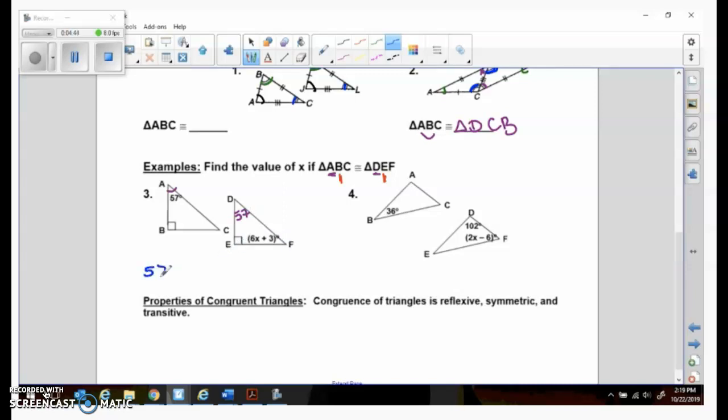Since we know that all the angles in a triangle should add up to 180, we'll do 57 plus 90 plus 6x plus 3 equals 180. Then we will solve this. I think you guys should be able to solve this.